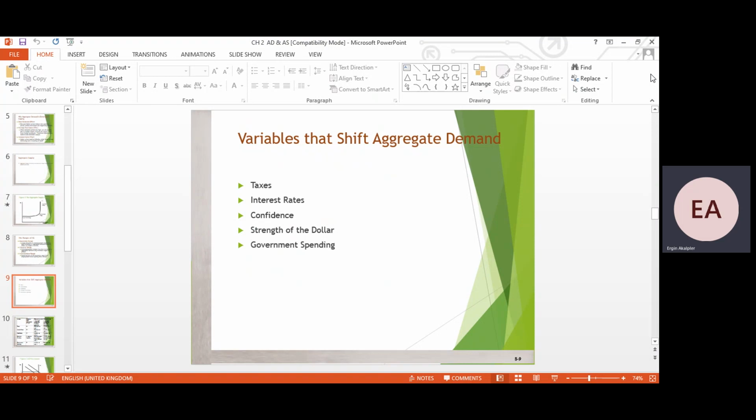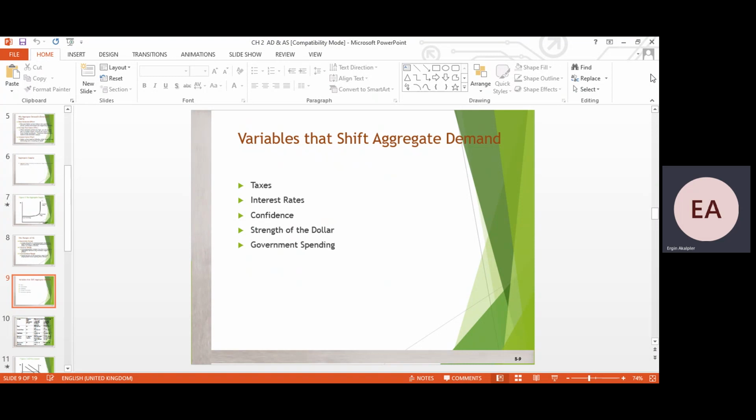The strength of the dollar similarly affects imports, and the opposite is affected for exports. As government spending is enlarged, this affects the aggregate demand, and when government spending is reduced, demand is of course affected.